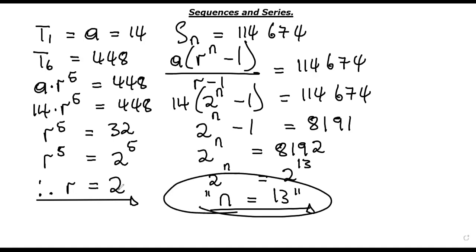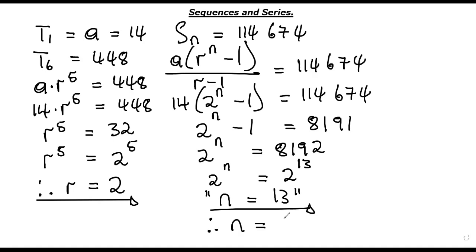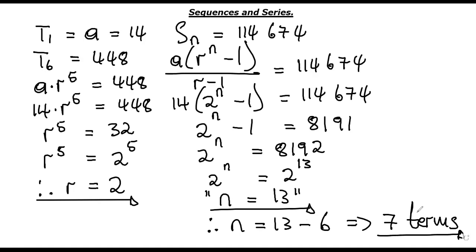So it means we already have the first 6 terms inside the 13. Then we'll say this number of terms is 13 minus 6, which will give us 7. So 7 terms must be added to the first 6 terms in order to obtain a sum of this much. Do you see that?